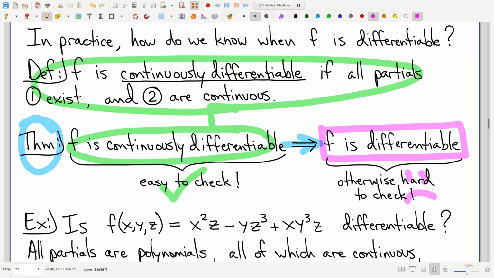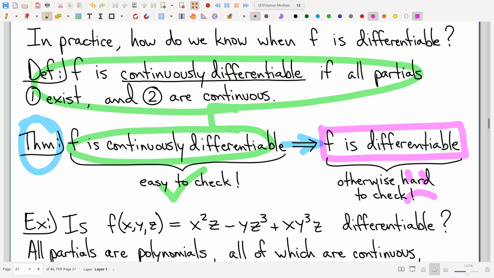That's a really hard expression to deal with. So we get to conclude something that would have been a huge amount of trouble, based on a very easy to check, easy to define concept, namely continuous differentiability.